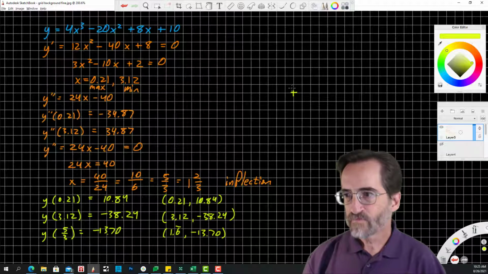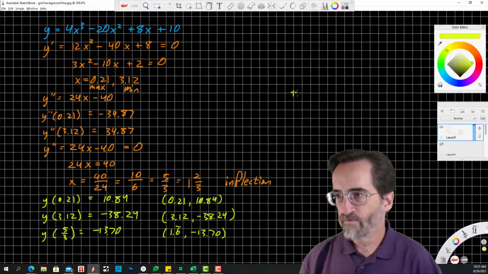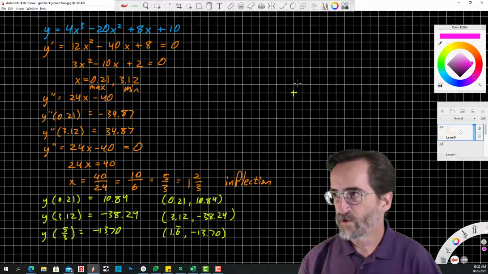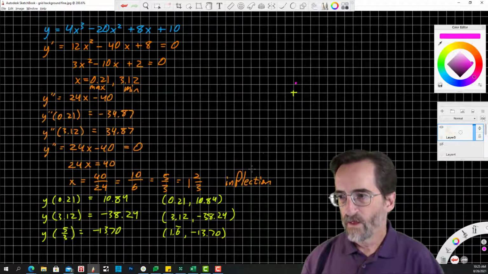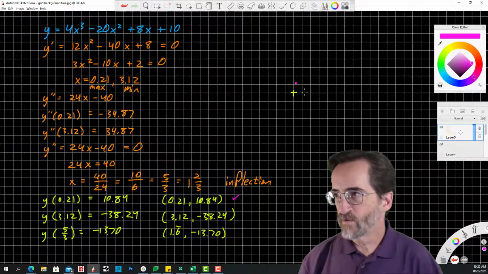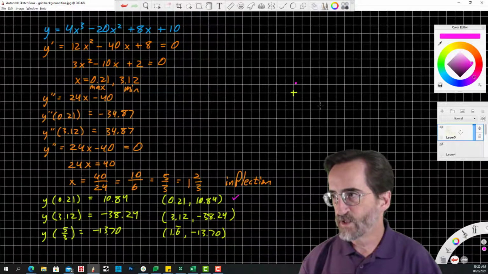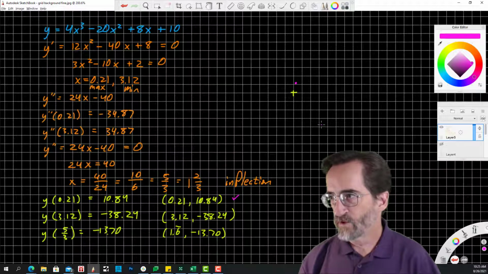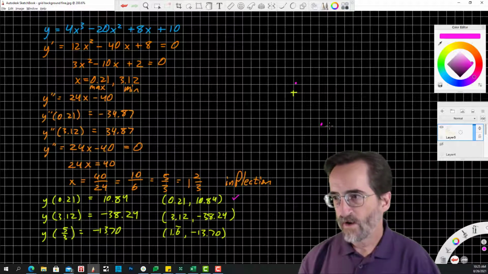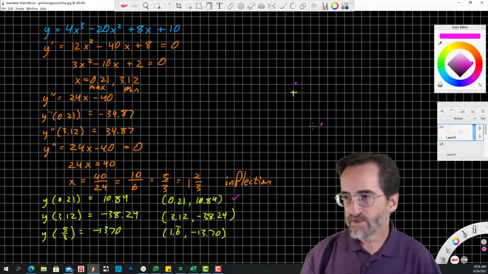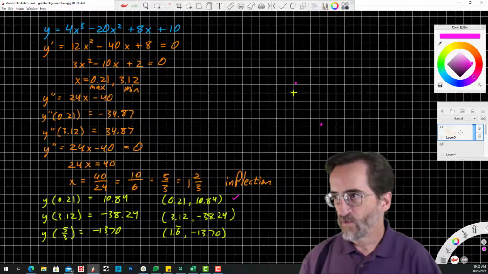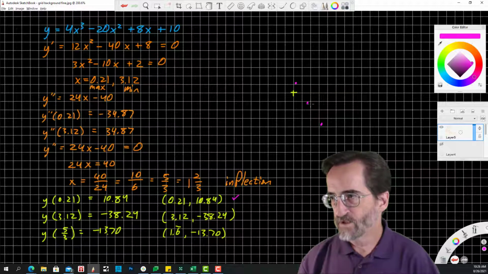So 0.21 and 10.84, that's right about here. And 3.12 and negative 38.24, right about here. And 1 2/3 and negative 13.70. Here we go, there's that point.